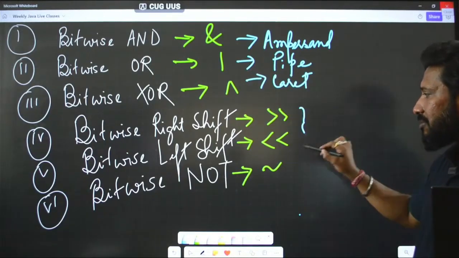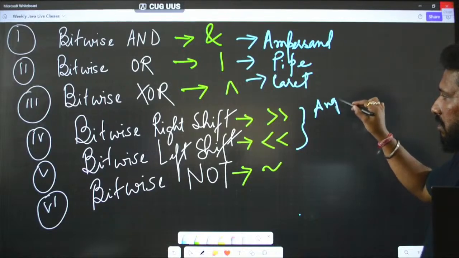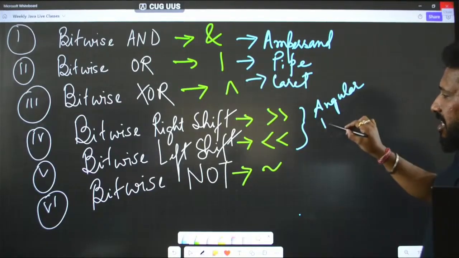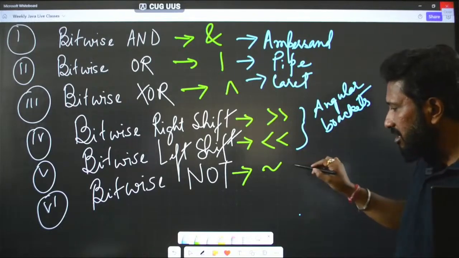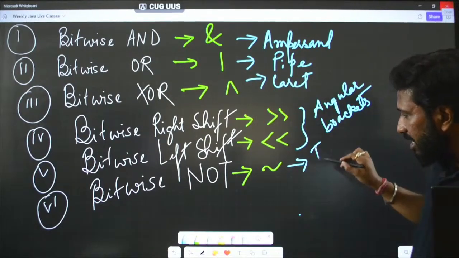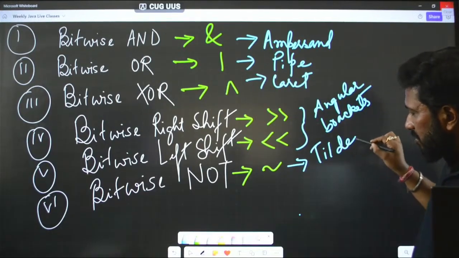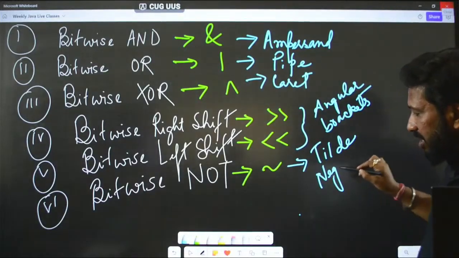These two are actually called the angular braces or brackets, and this one is called the tilde or the negation symbol.